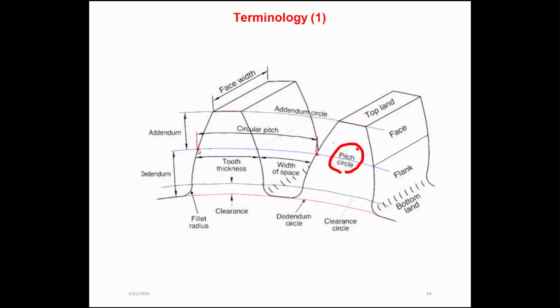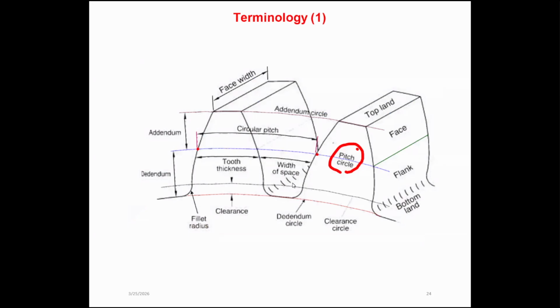That circular pitch should be measured along the pitch circle circumference, from one point to the next corresponding point. From this point on one tooth to the same point on the next tooth. That is called pitch. Similarly, like screws, you know that same idea, right?